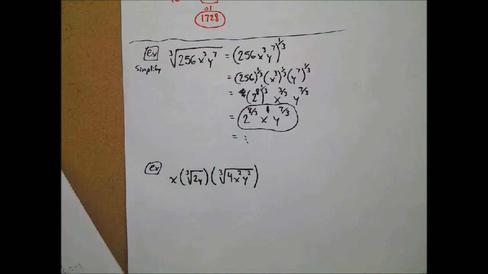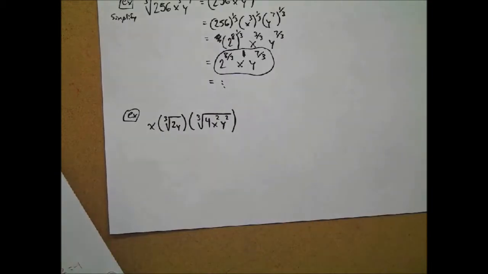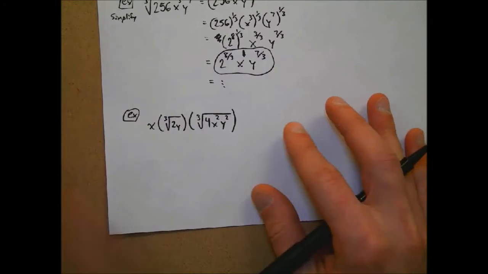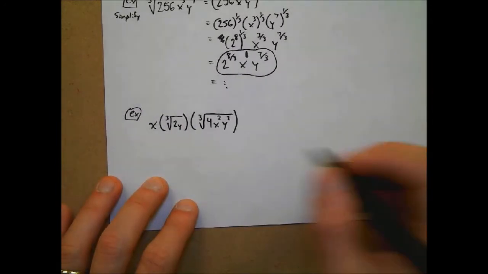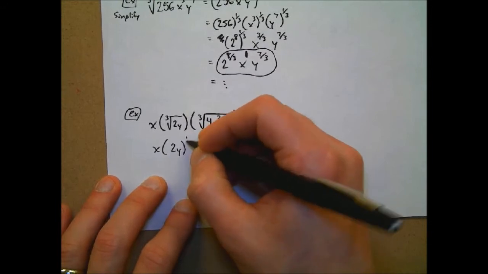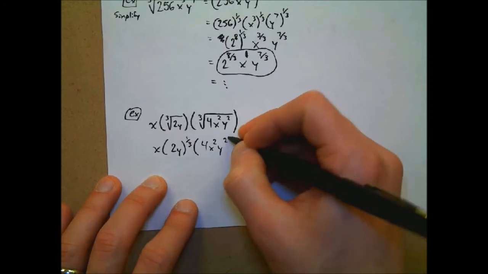Okay, one more here. Again, we see some cube roots, right? And if we have a cube root, that is the same as what exponent? 1/3 power. So I'm going to rewrite this as 2y to the 1/3, and I'll rewrite this as 4x squared y squared to the 1/3.